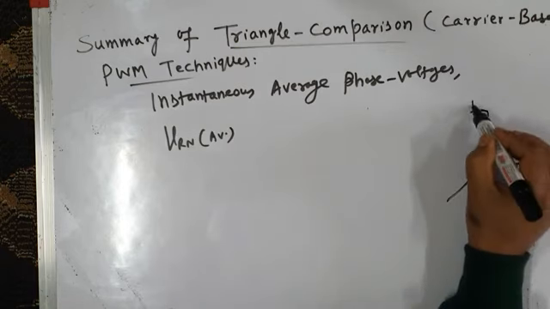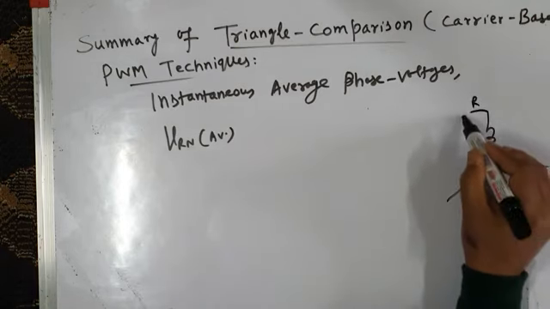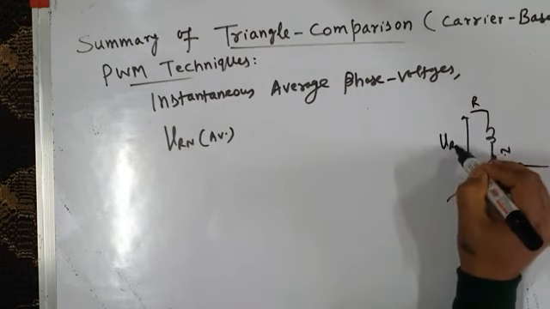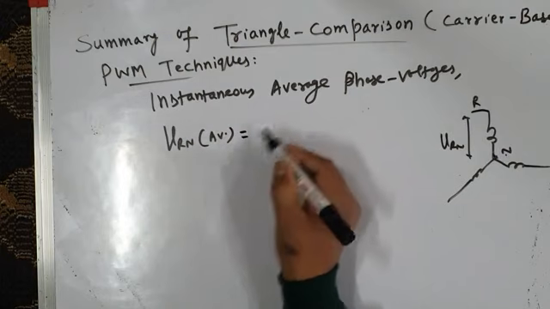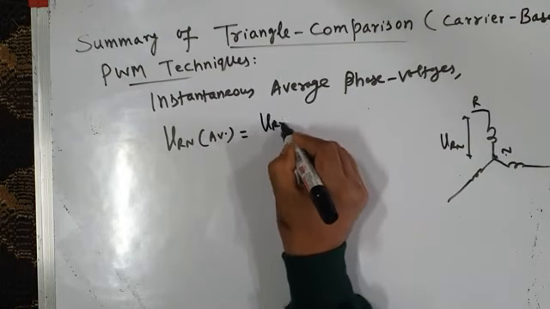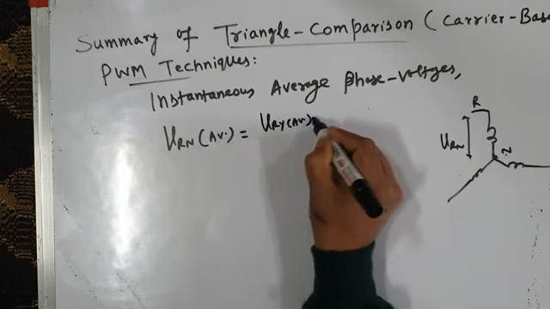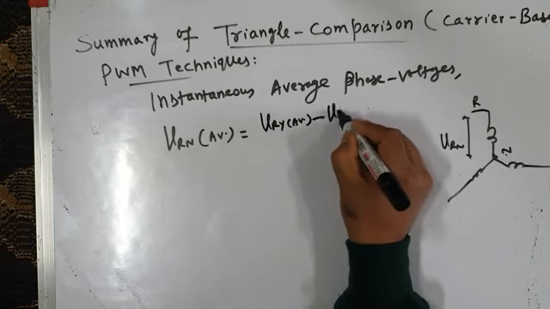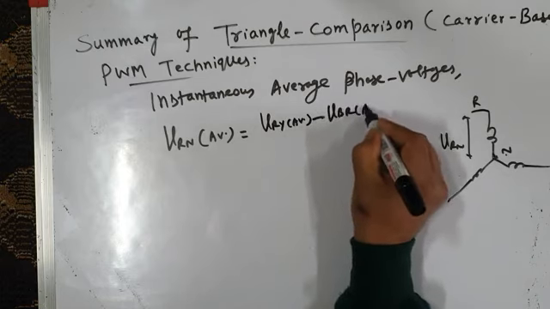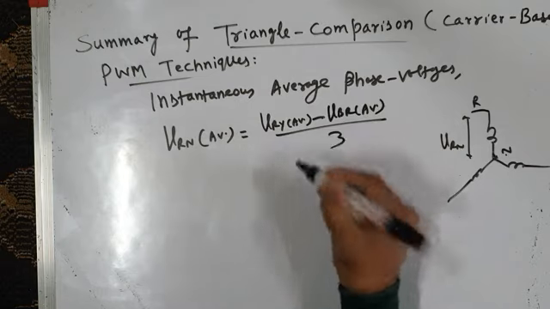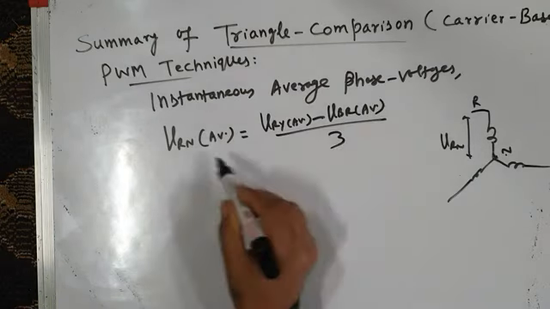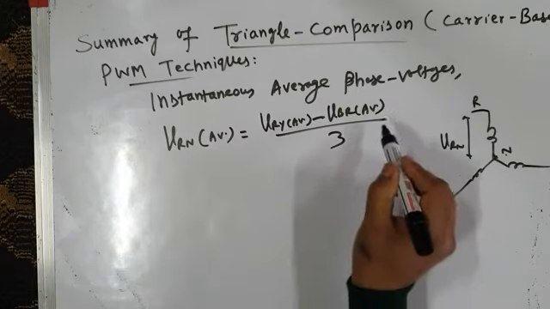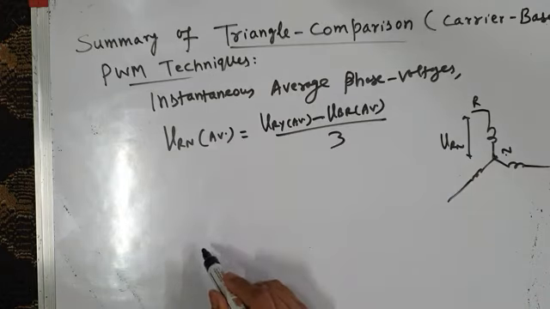So the voltage of phase R with respect to neutral is your phase voltage VRN. Mathematically, you should remember, it is given by (VRY average minus VBR average) by 3. This is the mathematical expression for phase voltage. We must have discussed it somewhere in six-step voltage source inverters.